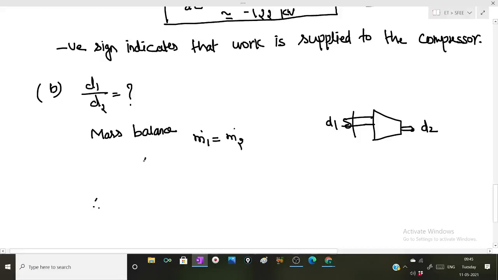Now mass flow rate at inlet can be given as A1 C1 over small v1 is equal to A2 C2 by small v2. This equation is called the continuity equation.